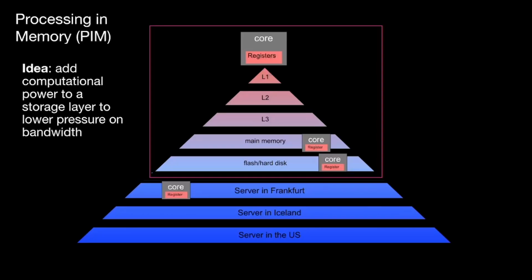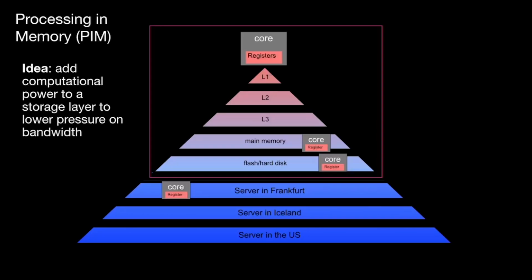But there is considerable effort to marry computing with memory. So to not have the strict separation of memory and a computing core, but to somehow enrich memory to do some computing as well. That could be very lightweight computing, but some computing.